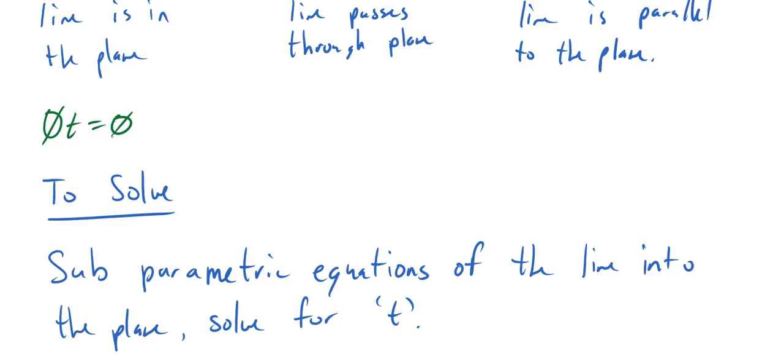If the line passes through the plane and you have one solution, you're going to get t equals k, some constant. And if the line is parallel to the plane and there's no solution, you're going to get 0t equals k, where k is not equal to 0.